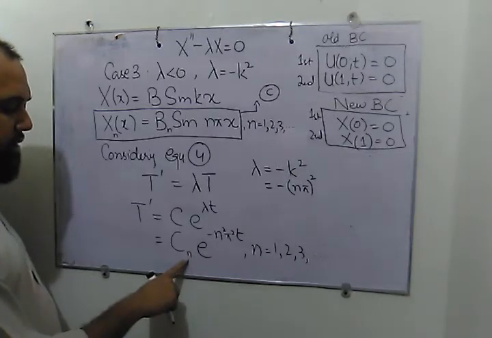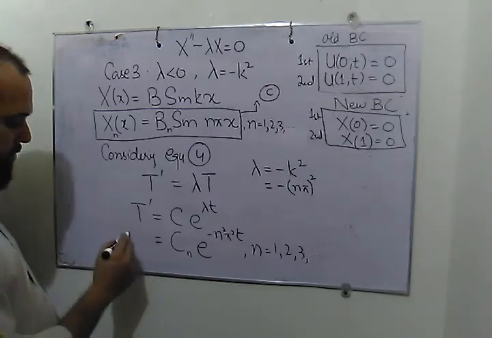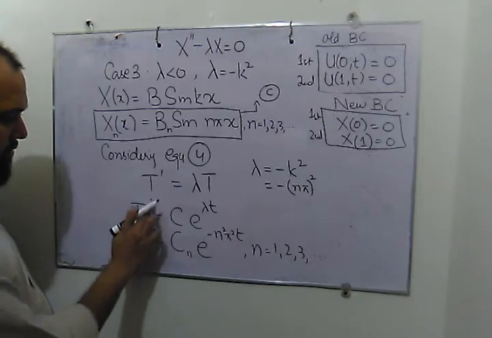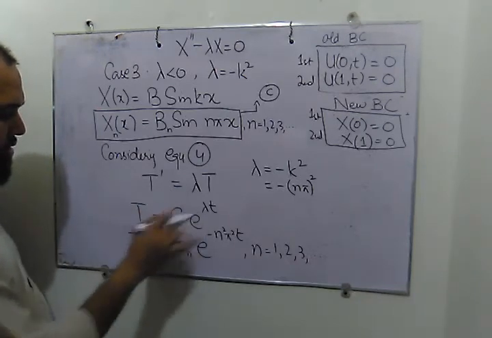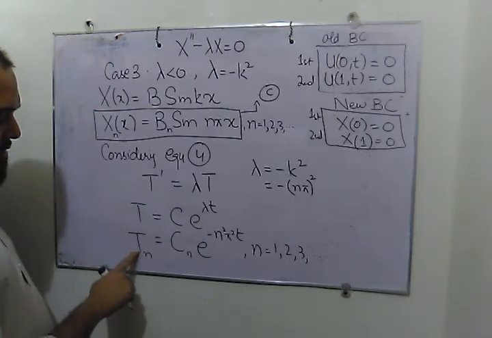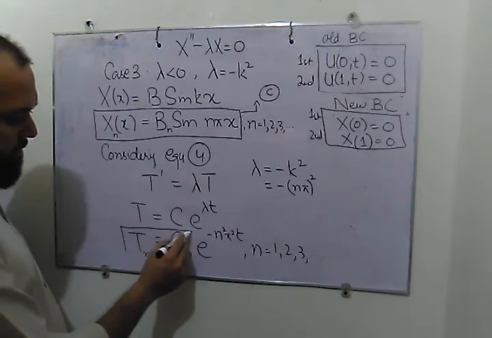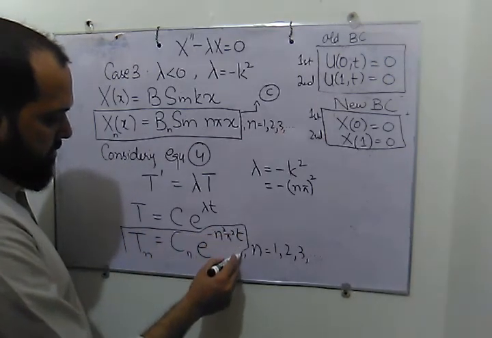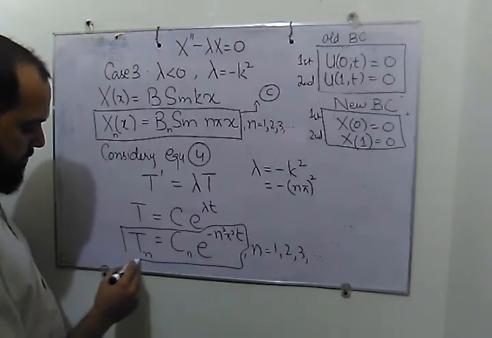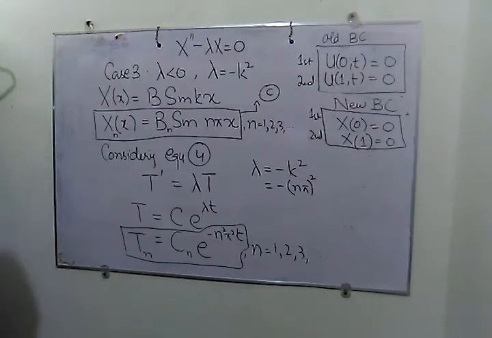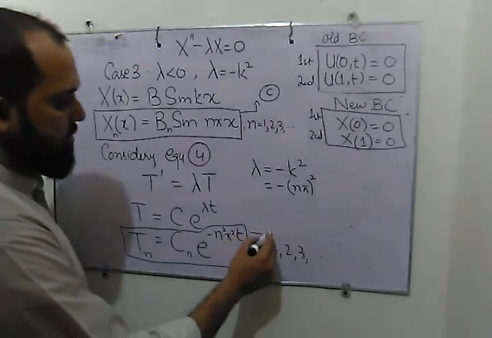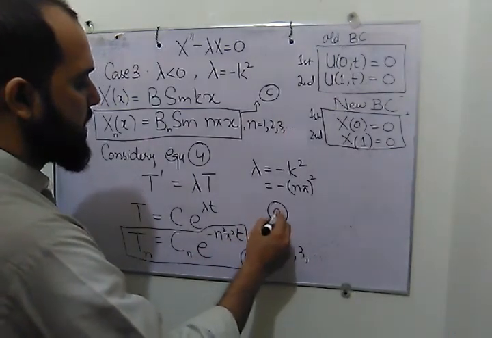So if we represent it by multiple solutions, sorry, this is not a derivative, this is a solution. So there will be an n with the t. We call it equation number D.